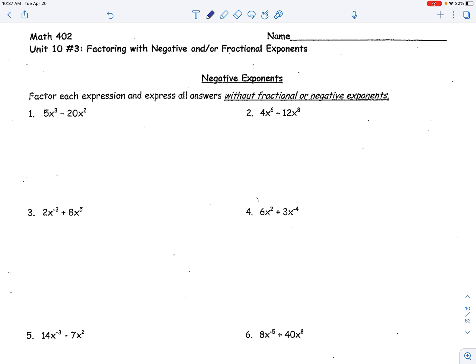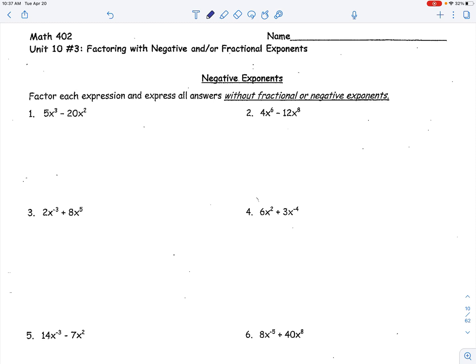Factor each expression and express all answers here without fractional or negative exponents. All right. So factoring, people.